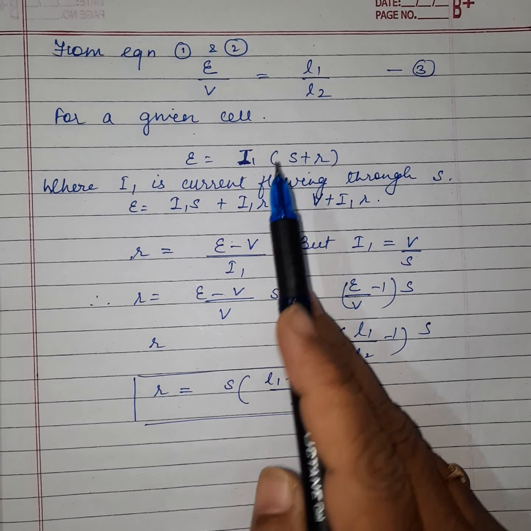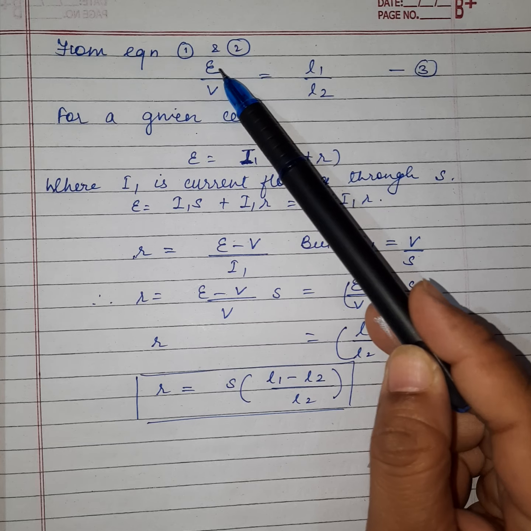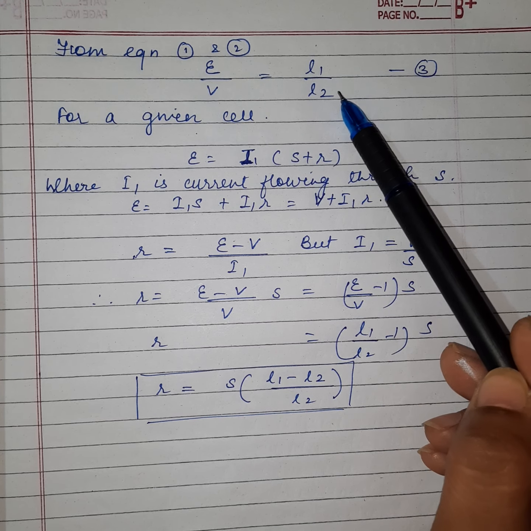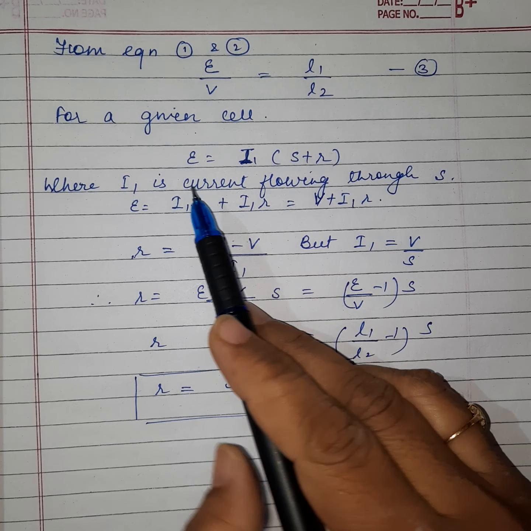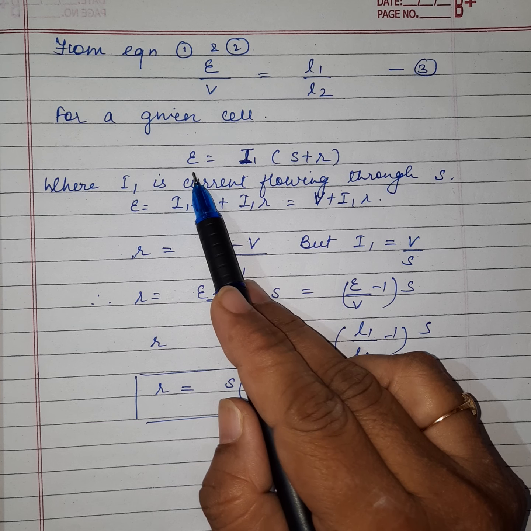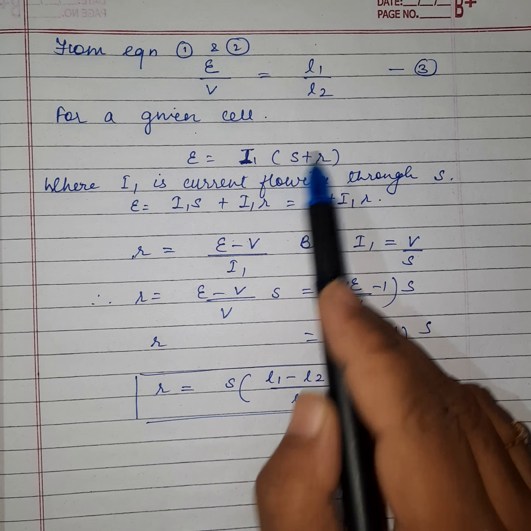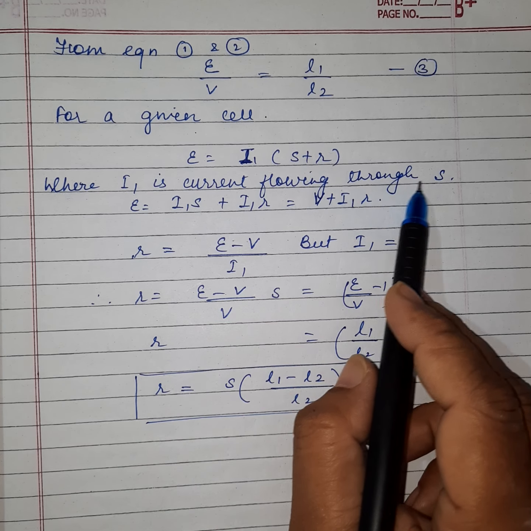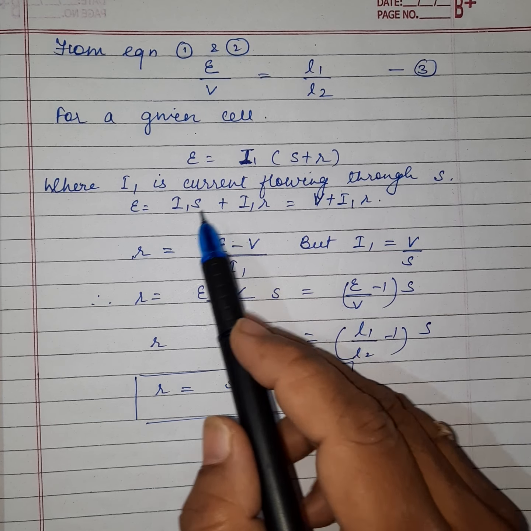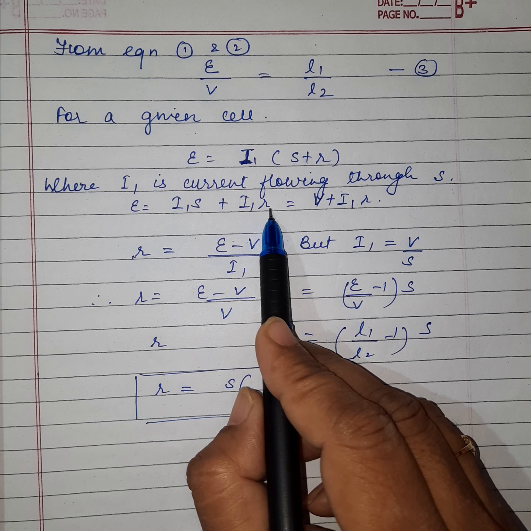So from equations 1 and 2, dividing equation 1 by 2, we'll get epsilon upon V equals L1 upon L2. Now for a given cell, the EMF is equal to the current times the resistance plus internal resistance, and I1 is the current flowing through S. So epsilon equals I1 S plus I1 into small r.